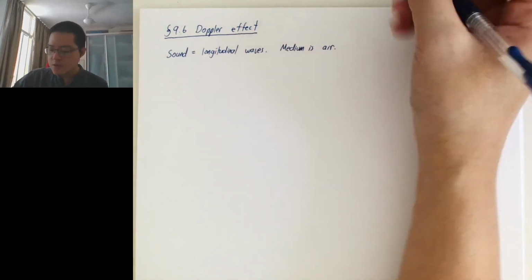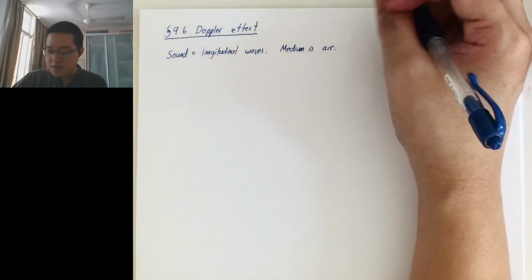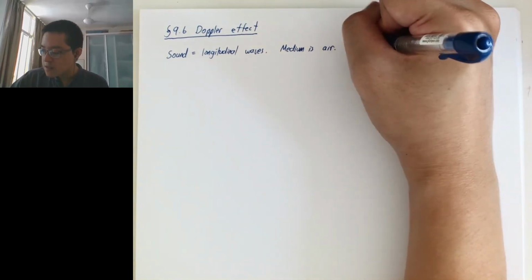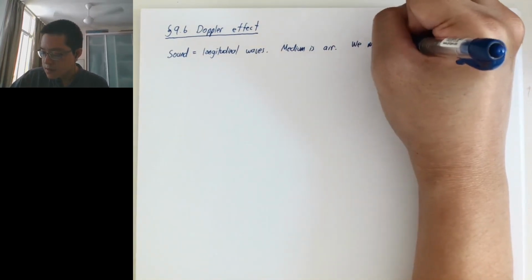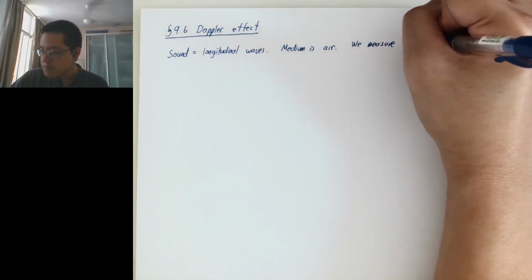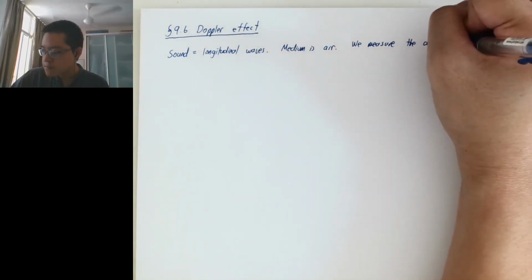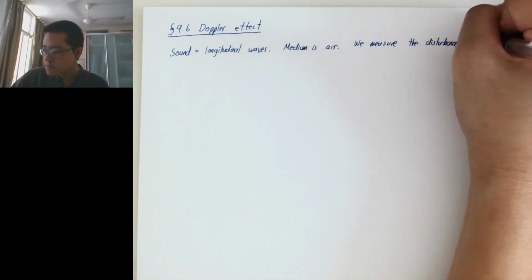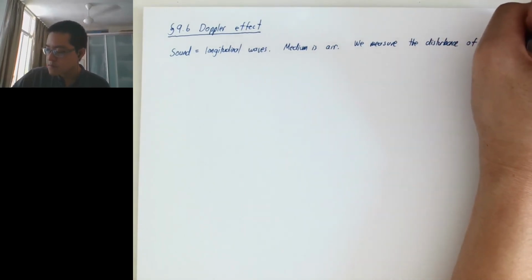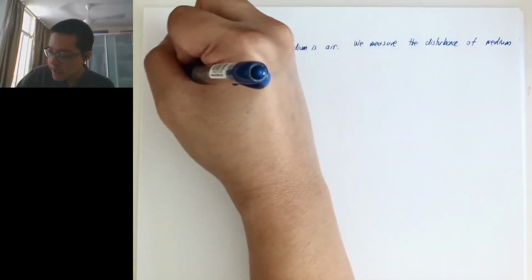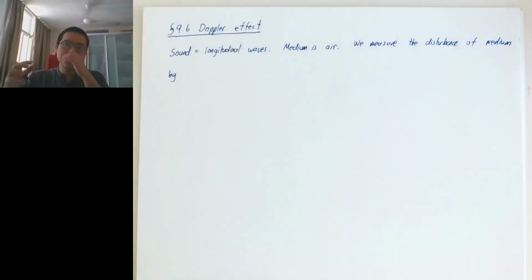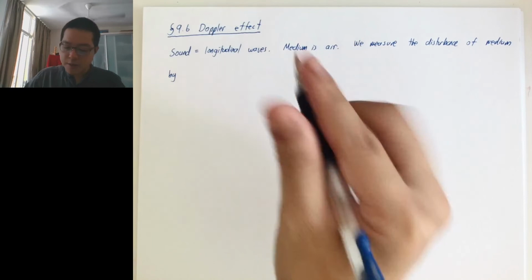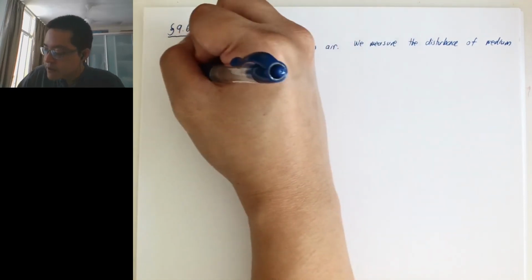Okay, so the medium is air, so we measure the disturbance of the medium by how the air pressure changes, because when there's a disturbance, the air pressure will change slightly. It will increase and decrease about the equilibrium. So it will change by variations of the air pressure.